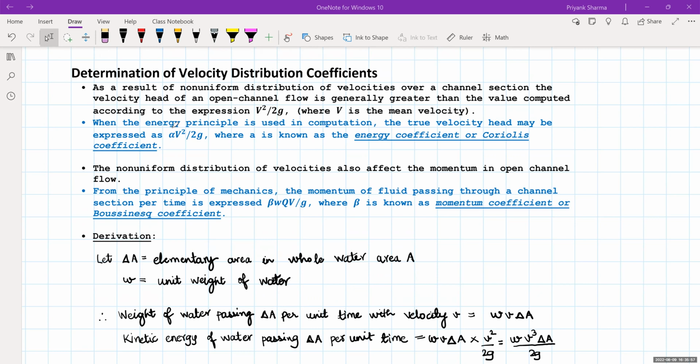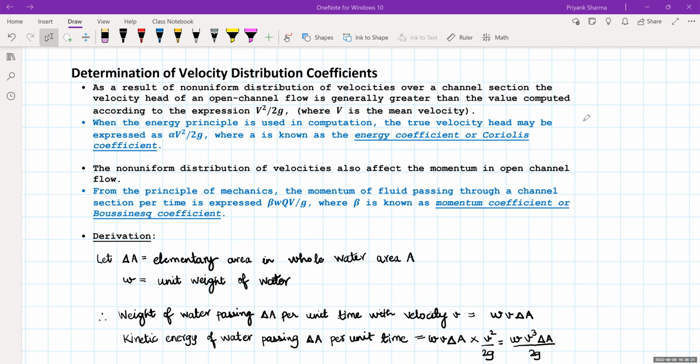Now, if you go by the definition, force is equal to mass into acceleration, and if the force component alters, it will also affect the momentum in an open channel.